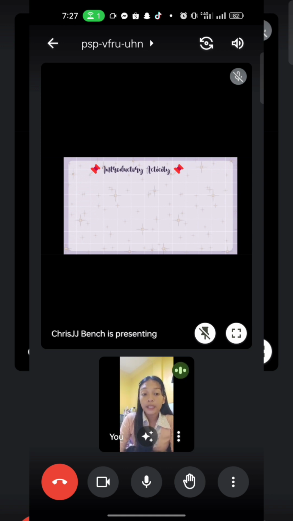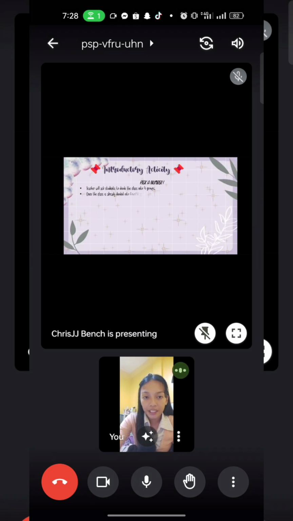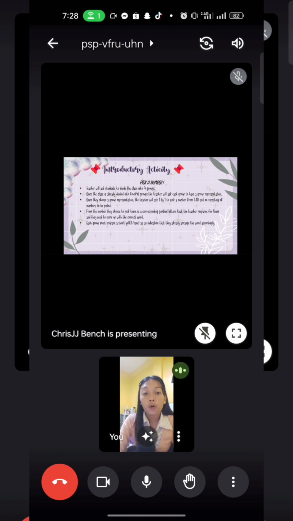Before we go deeper with our discussion for today, I prepared an introductory activity that will serve as your guide to our main discussion. It is called Pick a Number. The teacher will ask students to divide the class into 4 groups, and each group will choose a representative.